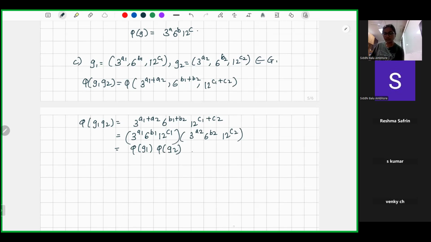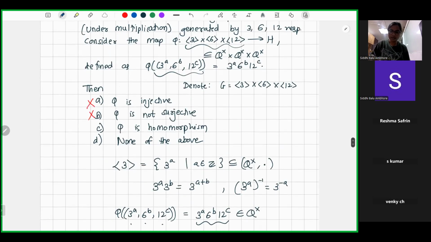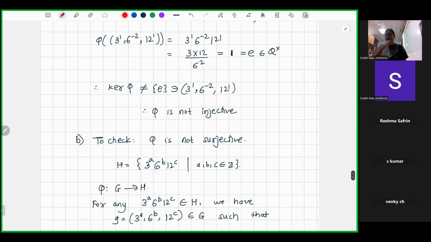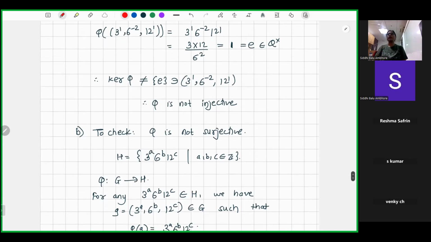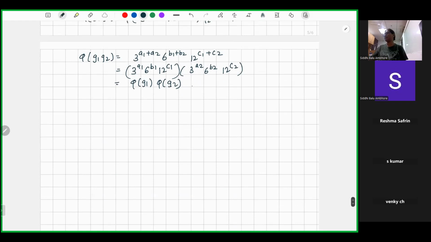So any doubts here? So this third statement is true and we got what we needed. Any doubts here? That how phi is a group homomorphism?